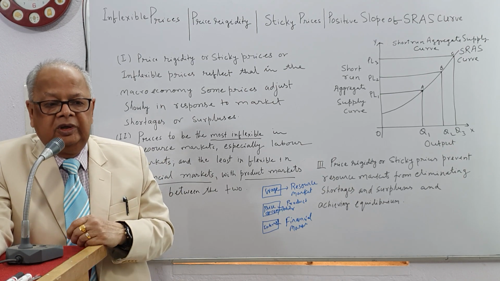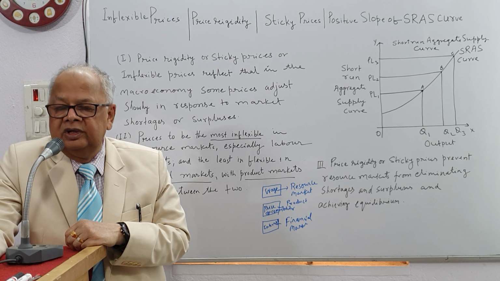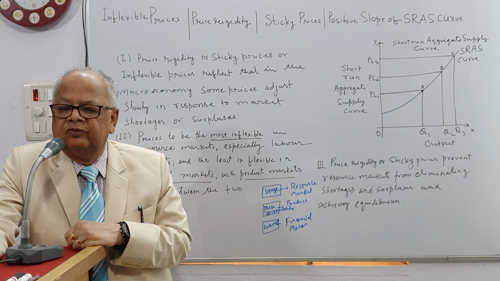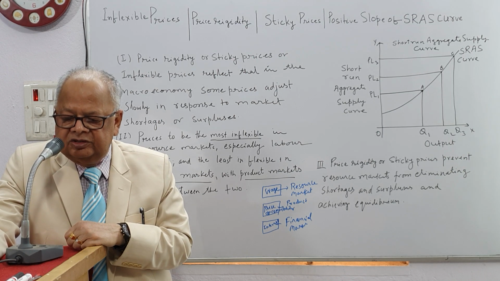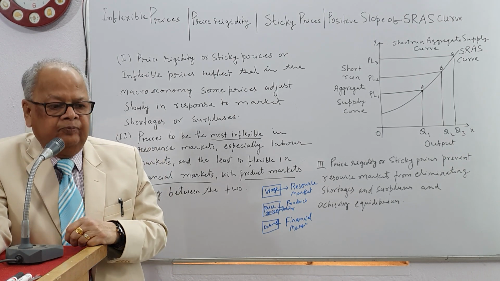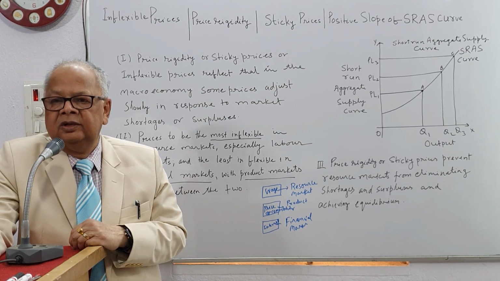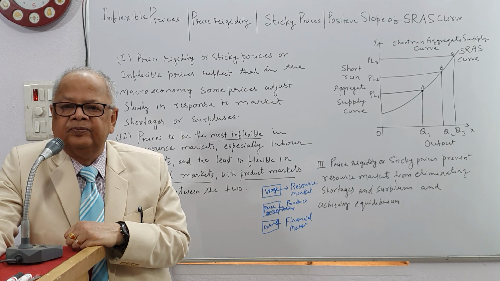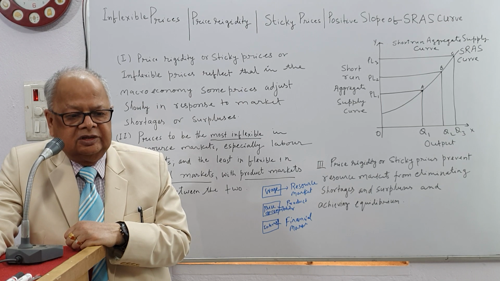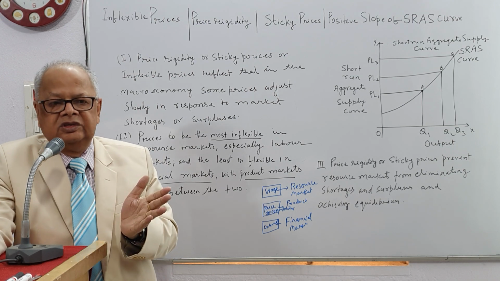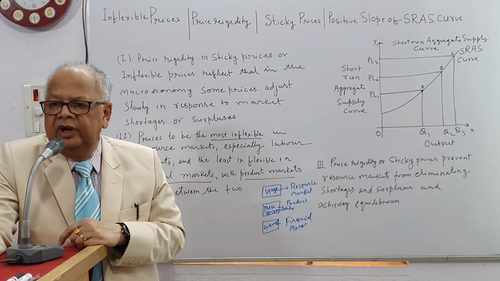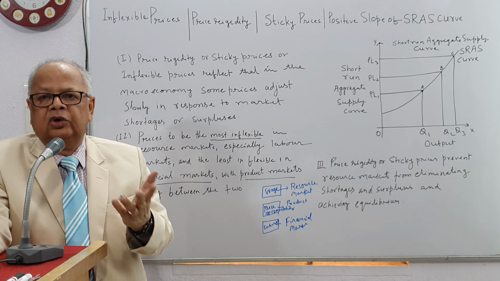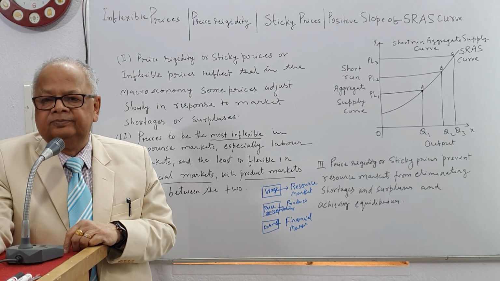When it was tested, it was found that automatic correction of shortages and surpluses and attainment of full employment was an assumption, not the reality. When the real problem emerged and the economy shifted downward due to the Great Depression, the economy failed to correct itself automatically.